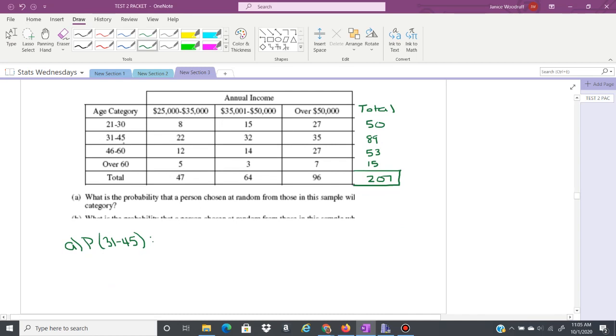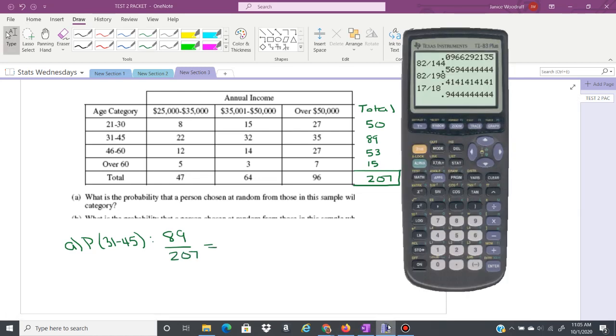Here's my 31 to 45. So total 89. So 89 out of 207. So 0.430.